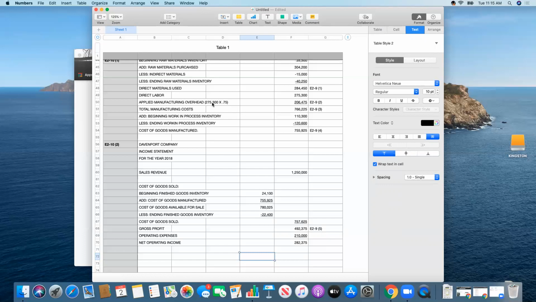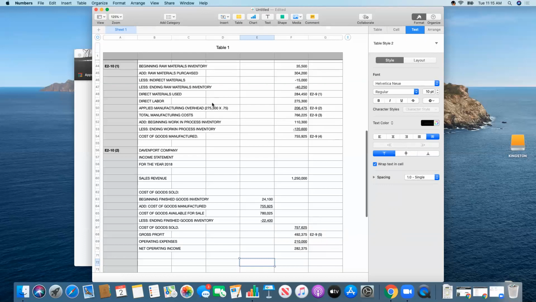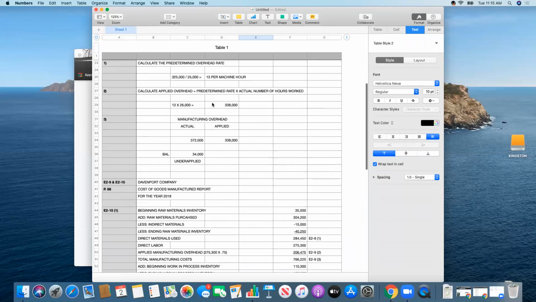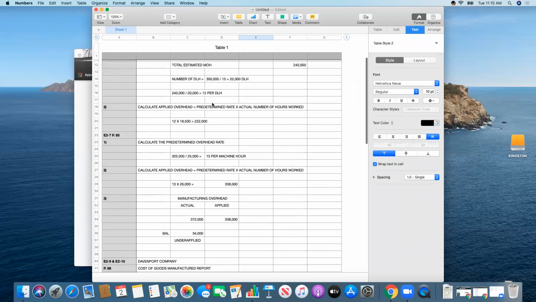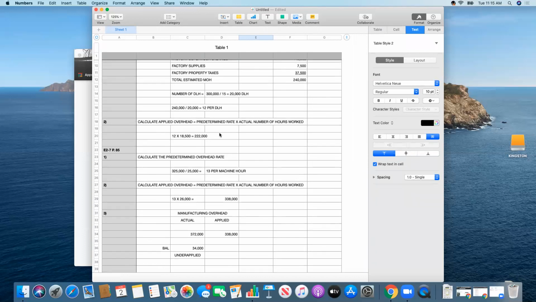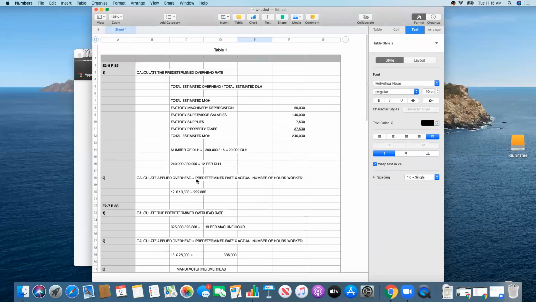When we did some analysis and we came up with that. And in this other problem, we said that overhead should be approximately $13 for every hour the machine operates. In the first example, we said that overhead should be about $12 for every hour people work.